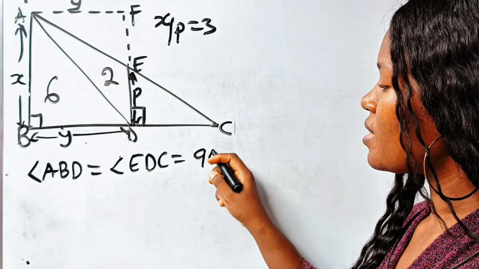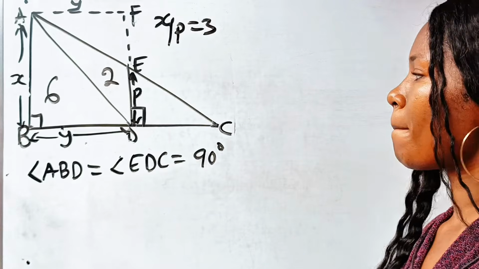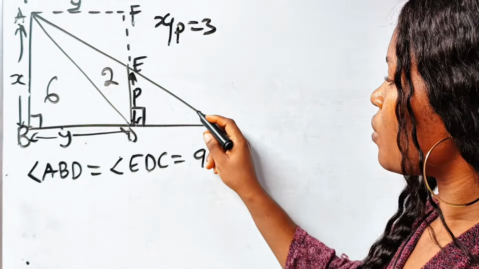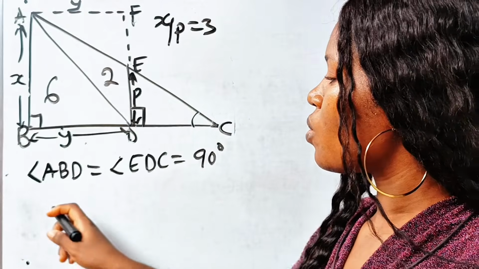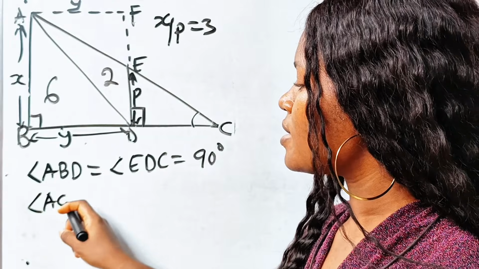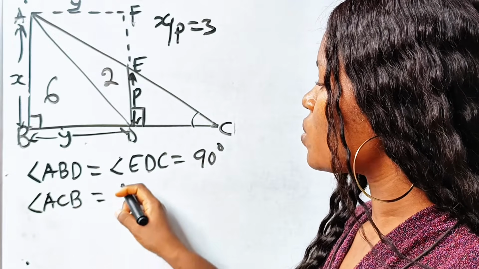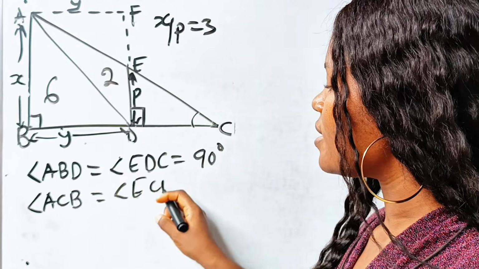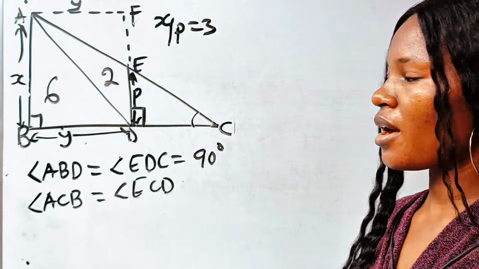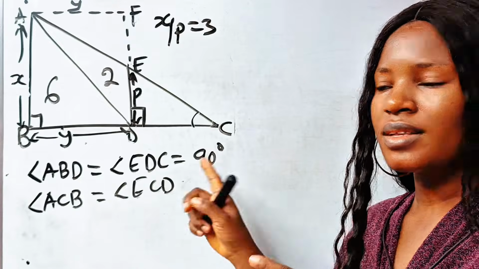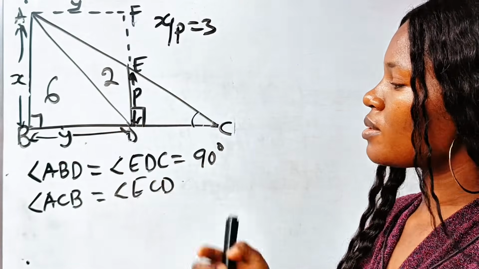Both are equal to 90 degrees. Similarly, both of them share this angle, so angle ACB is also equal to angle ECD. We don't know its value, but they are equal because this angle is common to both triangles.